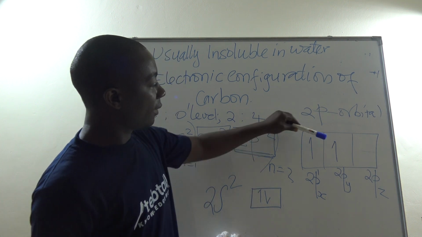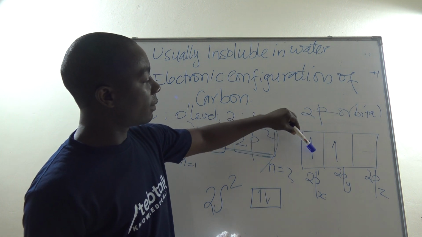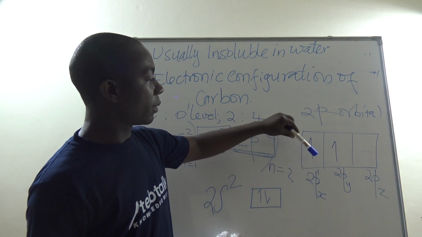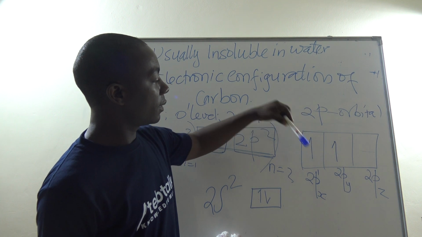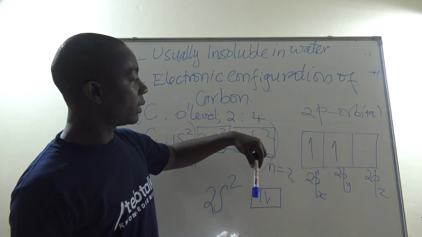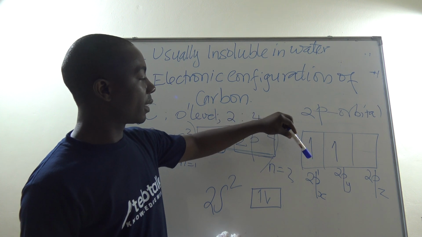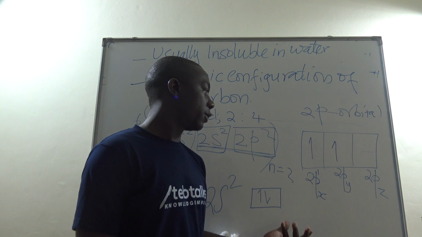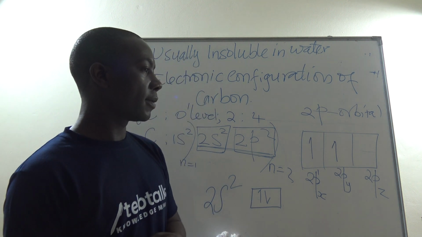So when we study this scenario, somebody could easily think that carbon exhibits a valence of 2, because you look at 2 unpaired electrons, and the paired ones don't participate in chemical bonding. So somebody can be mistaken to think carbon exhibits a valence of 2, which is not right.